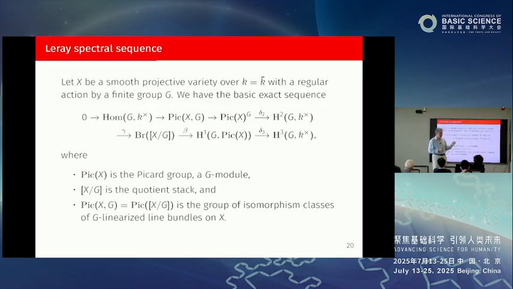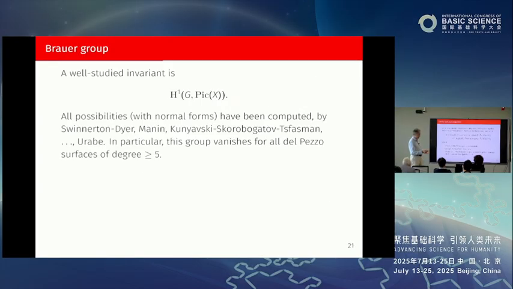So the moment you find a Galois action or a G action where this is non-trivial, that's an obstruction to rationality or linearizability. And because of such an important application, it has been well studied. So all possibilities have been computed. In fact, what are the possibilities?